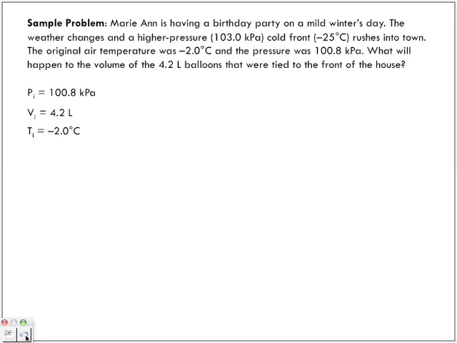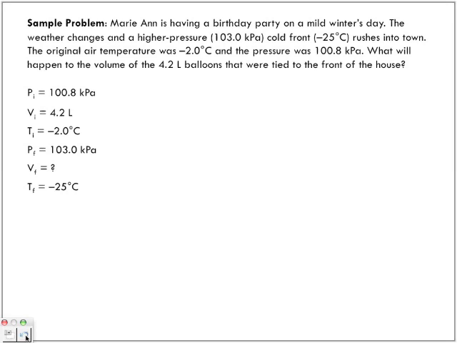Our initial temperature was minus 2.0 degrees Celsius. Our final pressure rose to 103.0, as I just said. Our final volume is what we're trying to find, so we want to find out what's going to happen to the balloons. And we know that the temperature has gone down to minus 25 degrees Celsius.